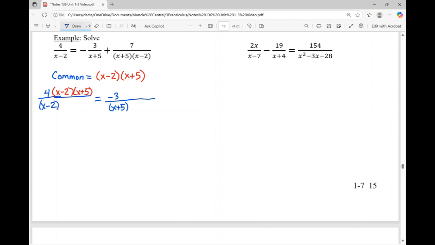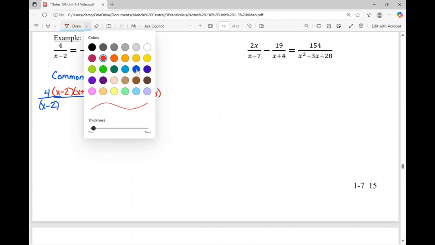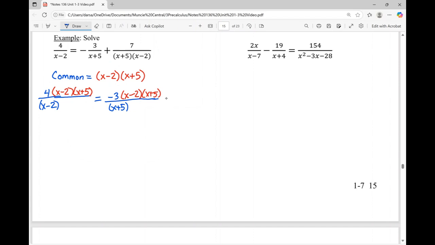And we're going to multiply this by the common denominator, which is x minus 2, x plus 5, and that will go in the numerator. It looks a little weird, but that's what happens when you multiply a fraction by something. So in our last one, we'll have x plus 5 and x minus 2, and we will multiply it by the common denominator in the numerator as well, which is x minus 2, x plus 5.